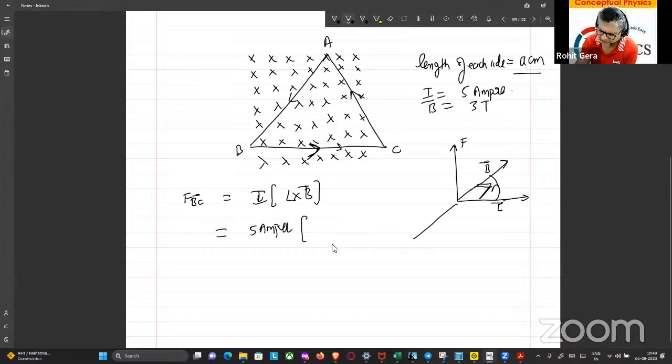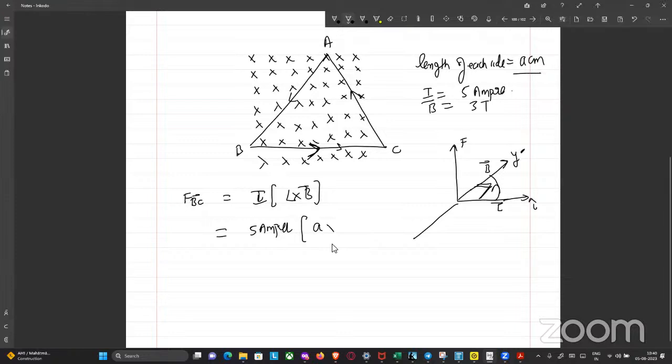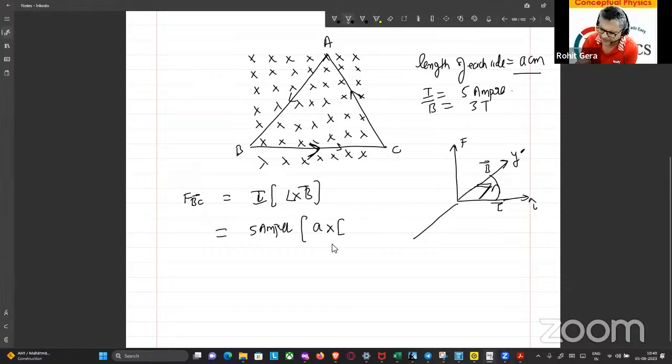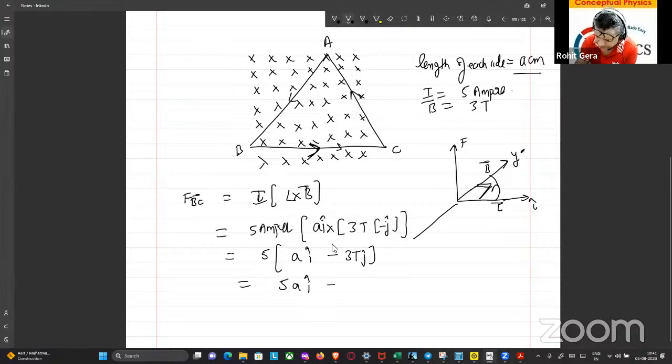Length can be anything, let's say it's A. So A cross B. A is in I direction, this is the Y axis, and B, 3 Tesla, is in minus J. So 5 A I minus 3 T J. Sorry, I should have taken I cross J. Just give me 1 second.